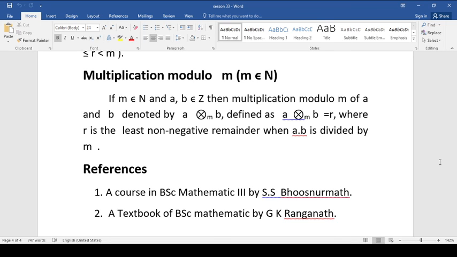Multiplication modulo m of a and b is equal to r, where r is the least non-negative remainder when a times b is divided by m. So first we multiply a and b, and that product we have to divide by m. Then whatever remainder we get, that is the least non-negative remainder, and that itself we take as the multiplication modulo m.